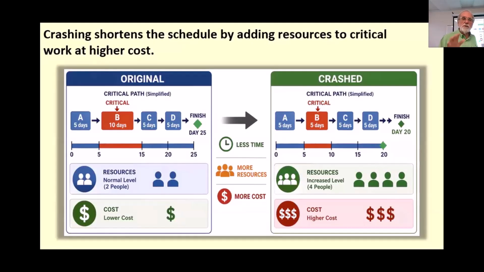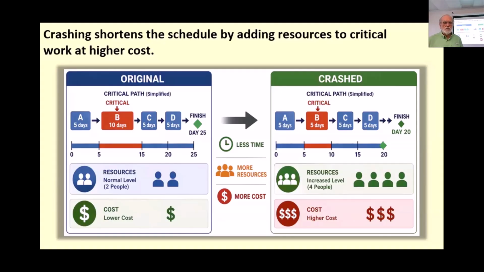There are some things we can do to influence the schedule. There's crashing, fast tracking, reallocating resources, and leveling, essentially. We're going to talk about crashing here. Crashing is trading some cost for less time, essentially. Crashing shortens the schedule by adding resources to critical work at a higher cost.